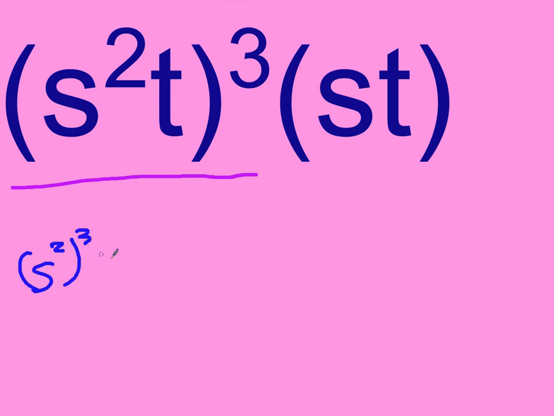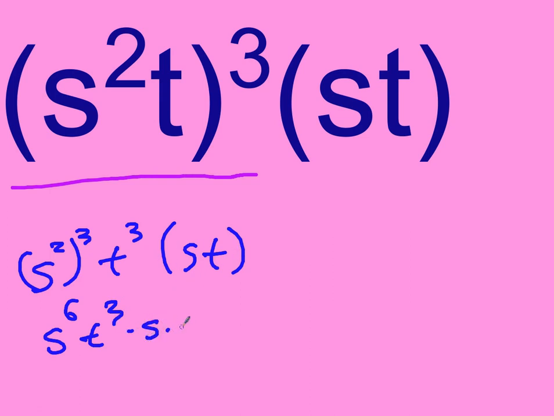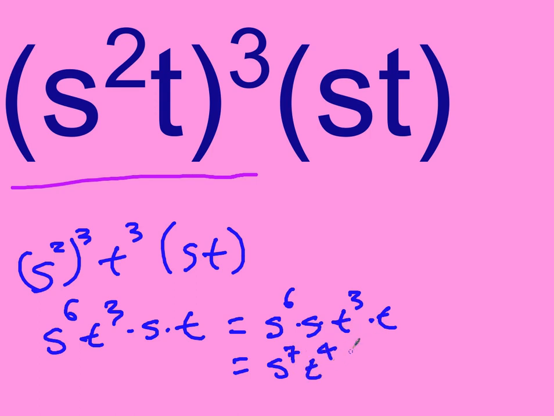So it's s squared cubed, t cubed, and then times st. So s squared cubed is s to the 6th times t cubed, and then this is times s times t. Again, multiplication being commutative, you can rearrange it to look like this. And these two combined, since they have the same base, you add the exponents. S to the 7th, t to the 4th.